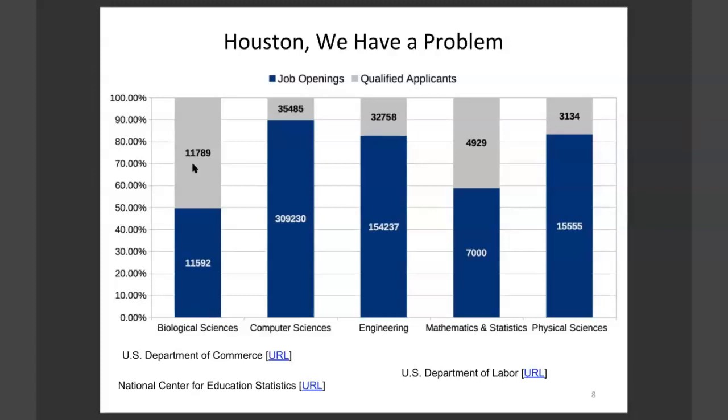But in the other areas of STEM considered here, you can see there is always more blue than gray, and that means that, at least in this projection with these calculations, there are more job openings than qualified personnel to fill those openings. And that's a job market that is under capacity.